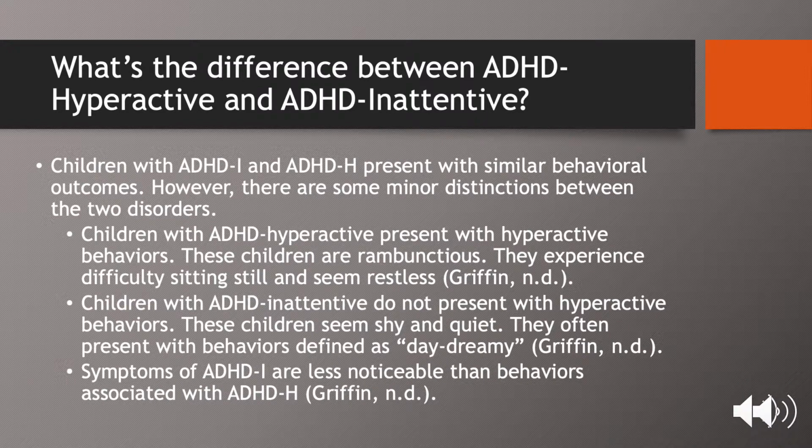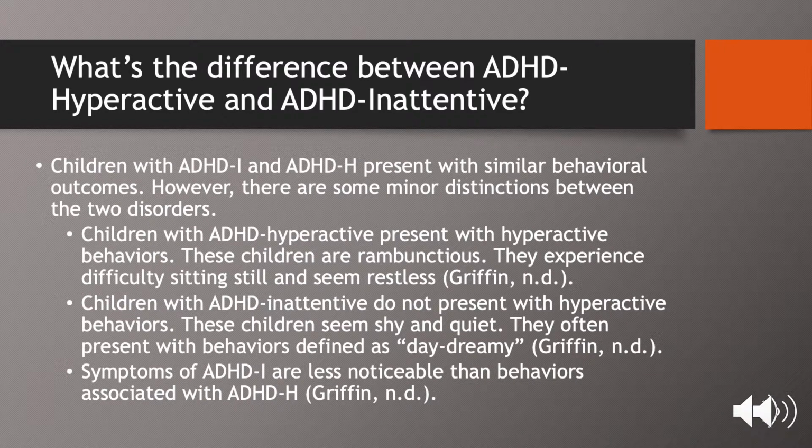The two names of the variations can be helpful in remembering which symptoms go with which variation. So for example, the behaviors that are associated with ADHD-H mostly fit under the umbrella term hyper. These children are considered to be rambunctious, they may have a difficult time sitting when expected to, and may appear restless.